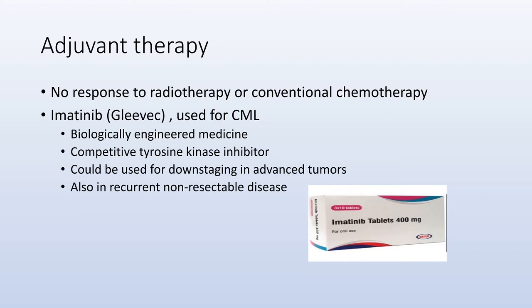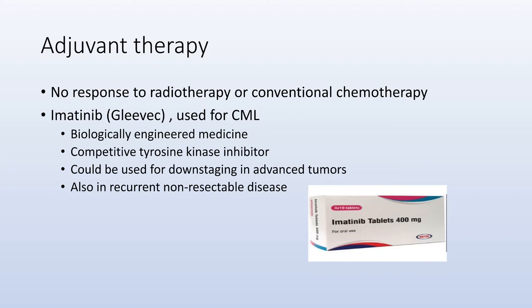It's a medicine that has been used successfully to treat chronic myeloid leukemia. And then after the discovery of the c-KIT mutation, this drug was tried on gastrointestinal stromal tumors with huge success.